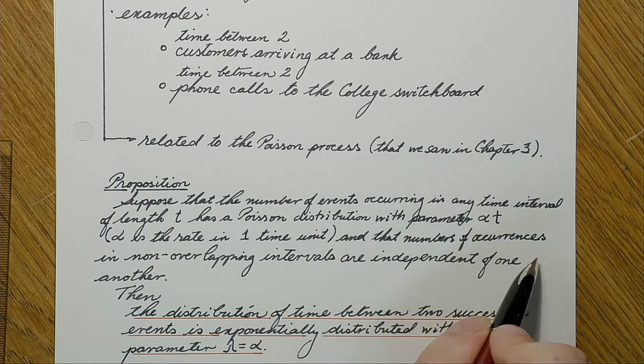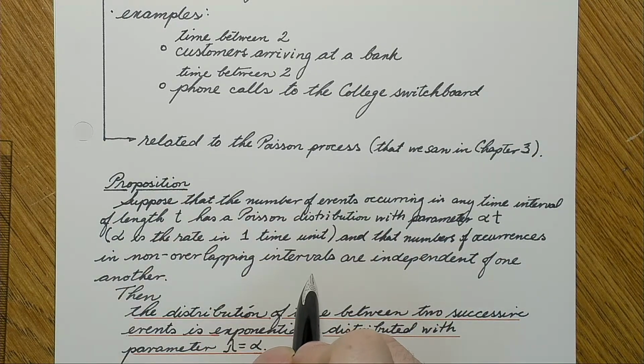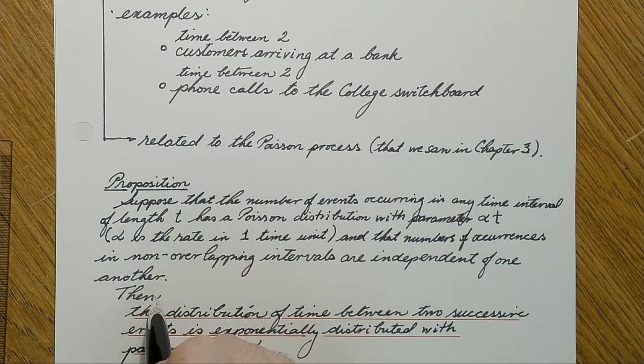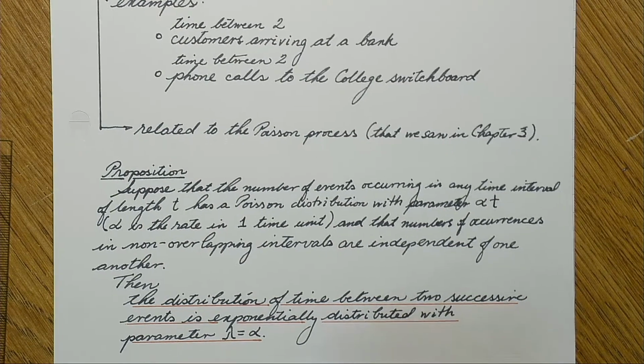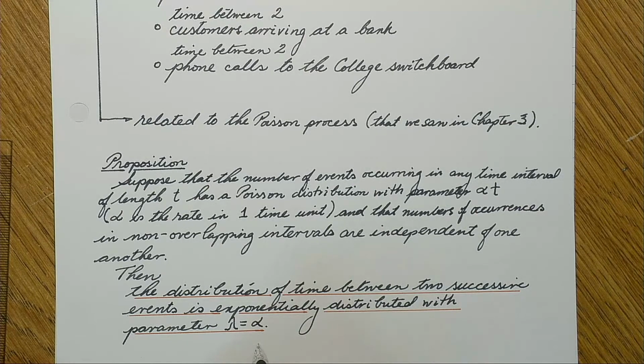And that the number of occurrences in non-overlapping intervals are independent of one another. So then the distribution of time between 2 successive events is exponentially distributed with parameter lambda equal to alpha. So again, you can think of that as a rate.